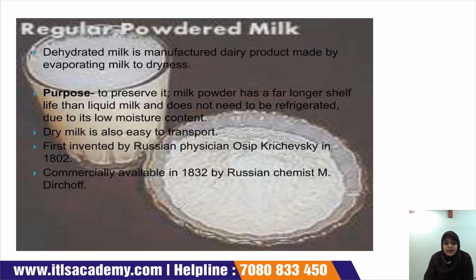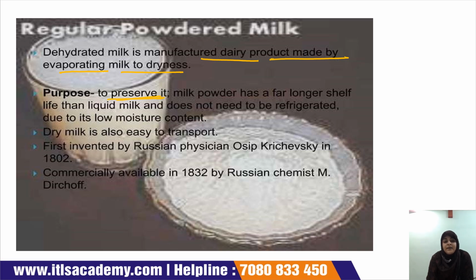Regular powdered milk, or dehydrated milk, is a dairy product made by evaporating milk to dryness. What is the purpose of it? To preserve the milk.